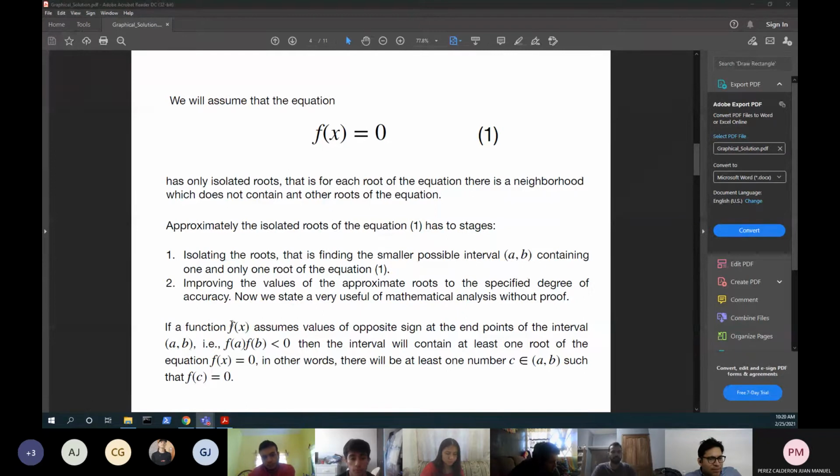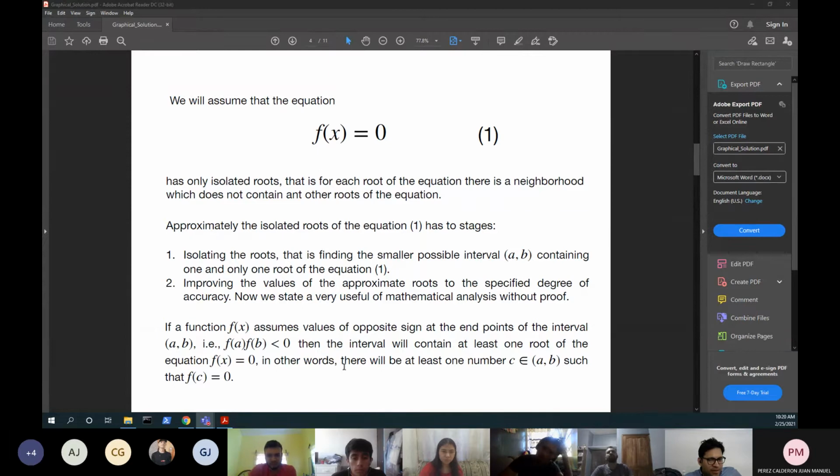So I have to evaluate my function in A and evaluate my function in B. If I multiply both of them, f(a) times f(b), this has to be less than 0 to indicate that the interval will contain at least one root of the equation f(x) = 0.